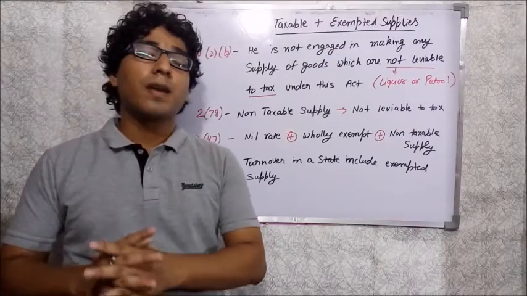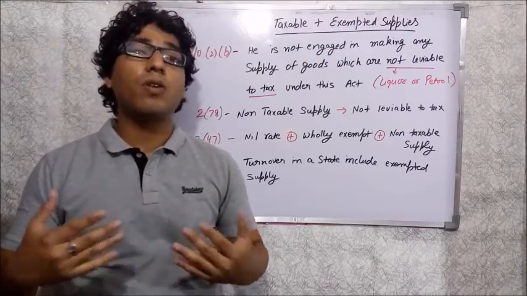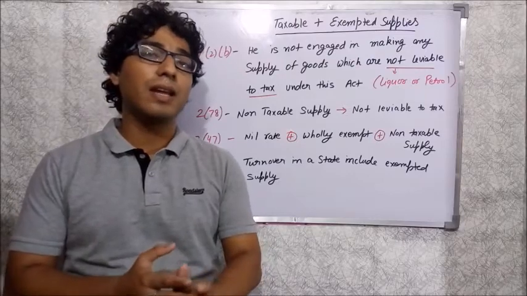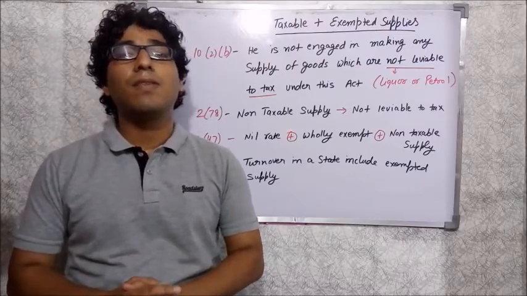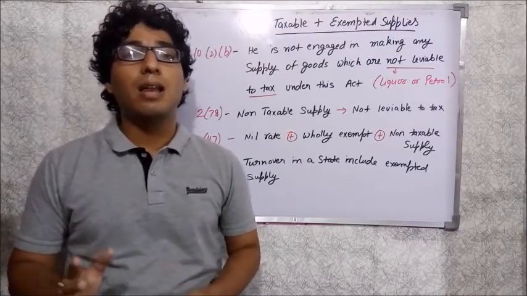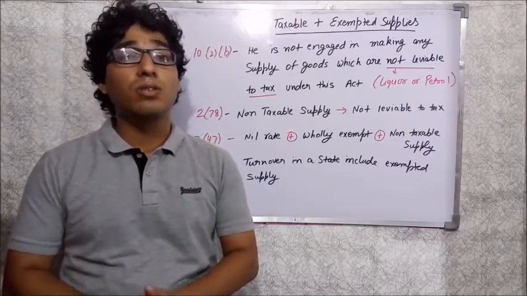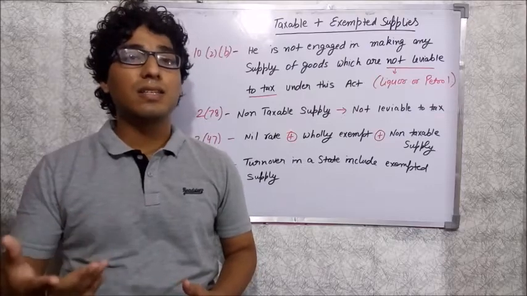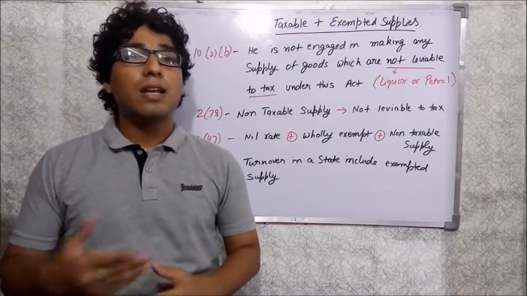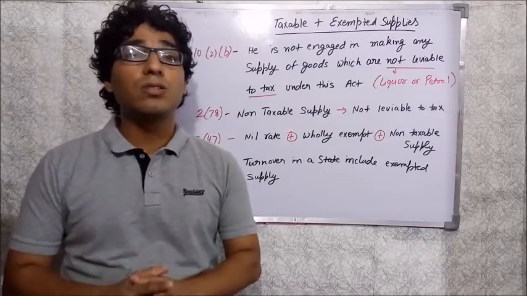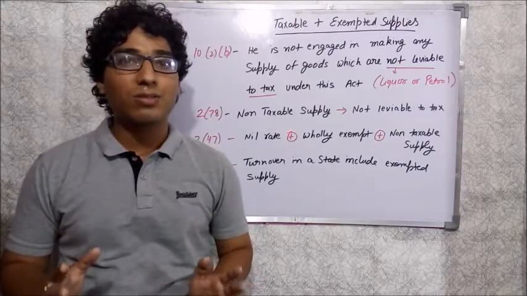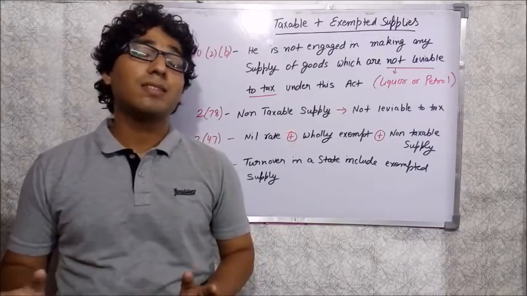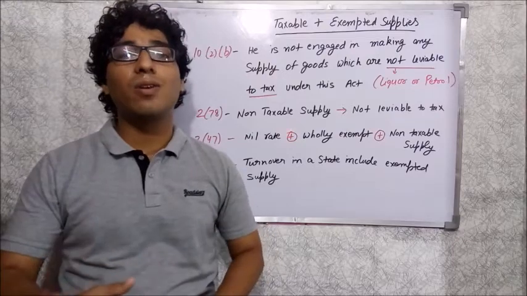And the levy section, section 9, clearly says that GST will be levied except on alcoholic liquor for human consumption. So in case of liquor you cannot charge GST. Therefore liquor is goods which is not leviable to tax under this Act, which is different from those which are exempted or nil rated.